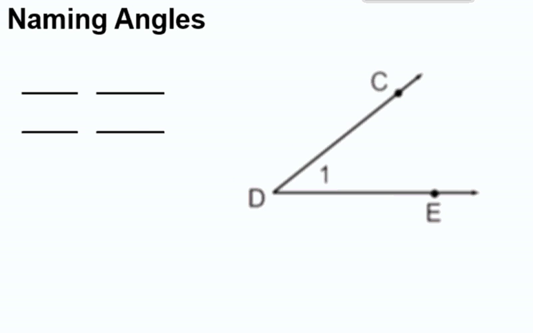All right, when you're naming your angles, there are 4 different ways that you can name them. The obvious 2 are using the 3-letter system, starting with one of the rays. So I could say C, D, E. So here's the notation, angle C, D, E. I could also go in reverse order and say E, D, C. Okay.